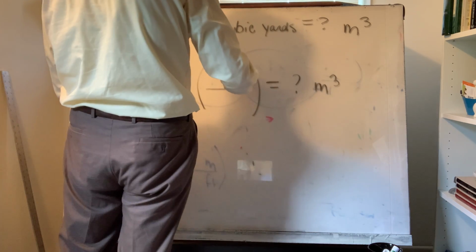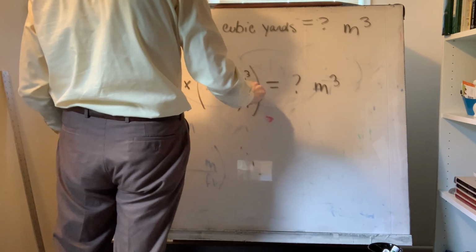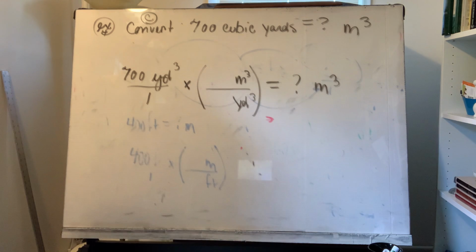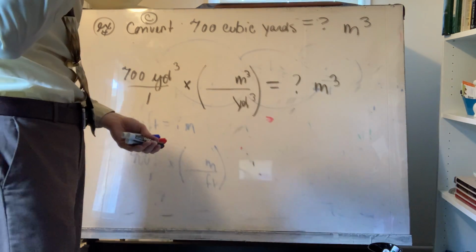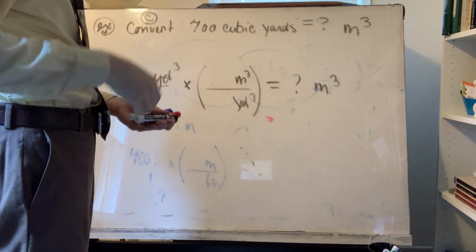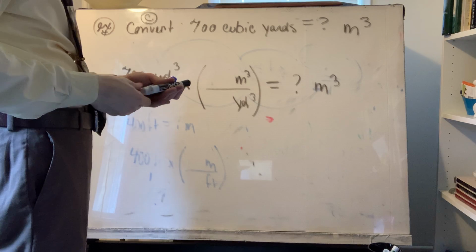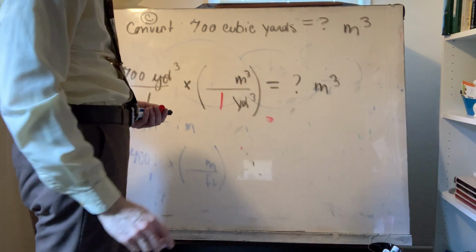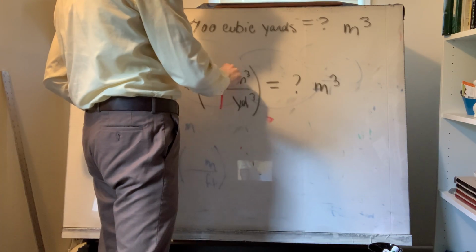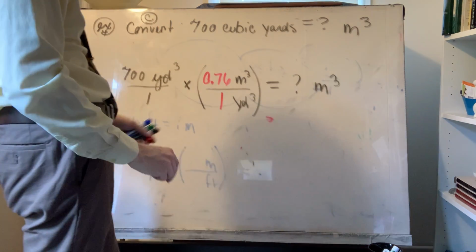Essentially, it would have to be this relationship: cubic meters on top, and cubic yards on the bottom. According to the information that we have available, 1 cubic yard is 0.76 cubic meters. So we do have a direct conversion.